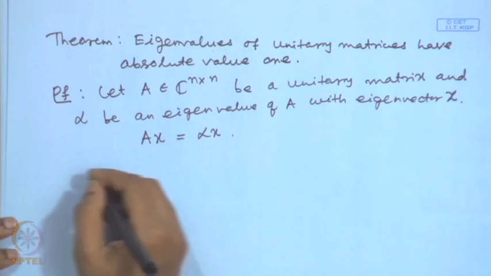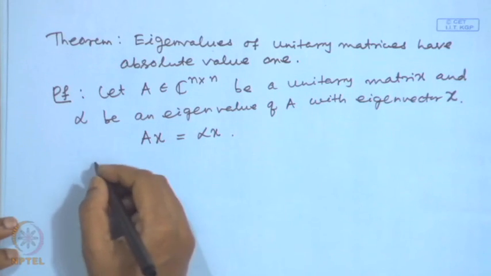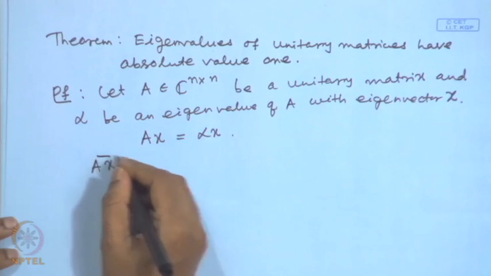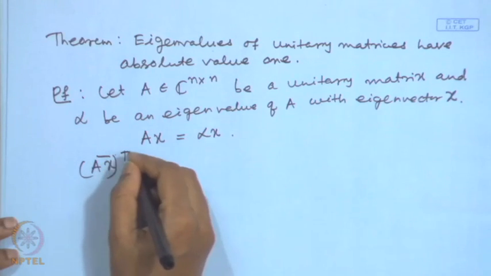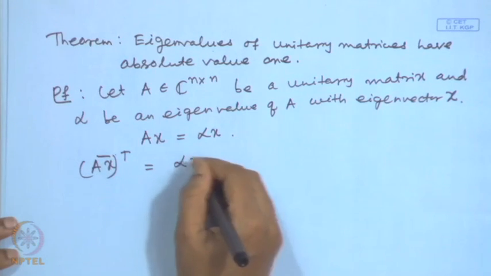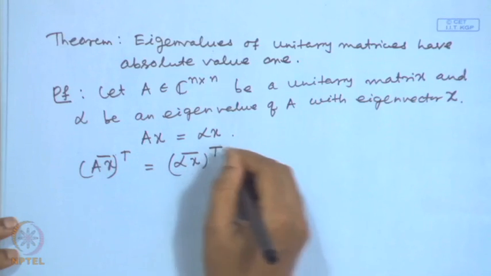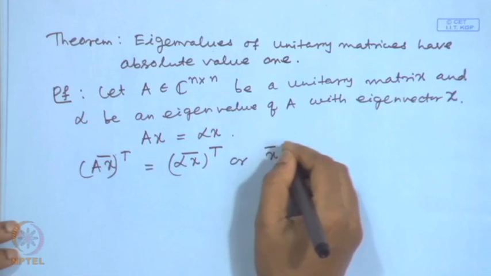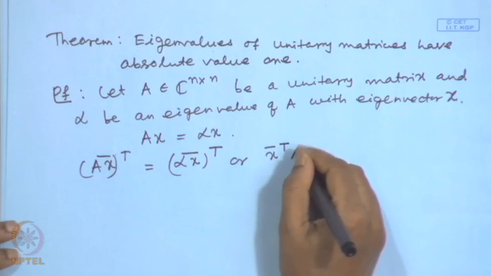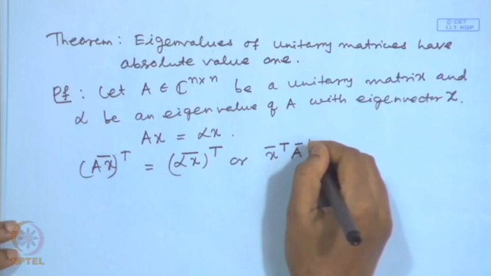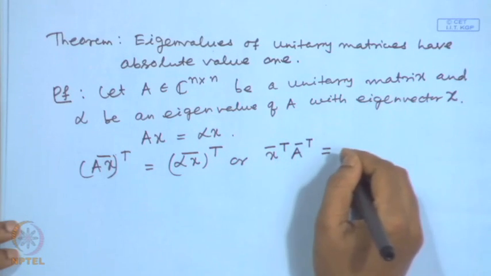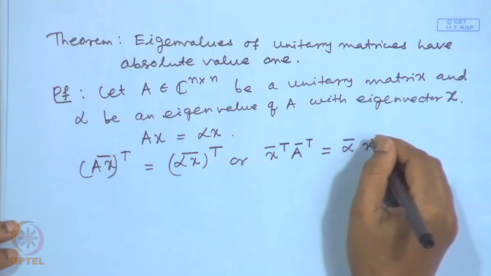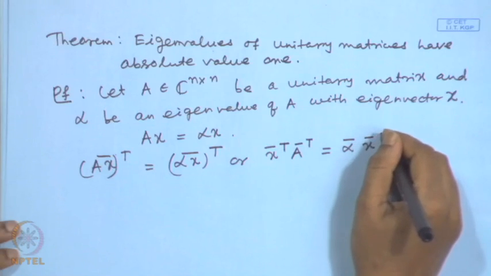Taking the conjugate transpose on both sides, on the left we get x conjugate transpose times A conjugate transpose, and this is equal to alpha bar times the conjugate transpose of x.